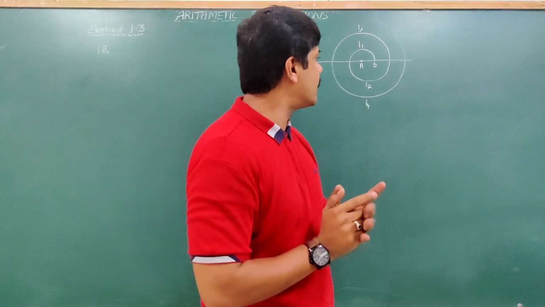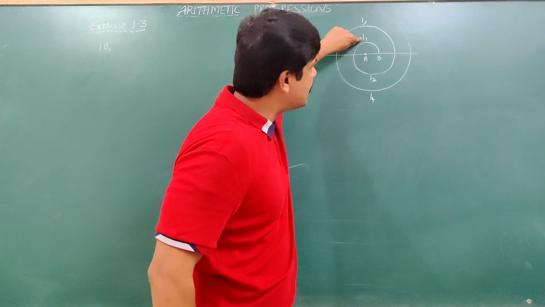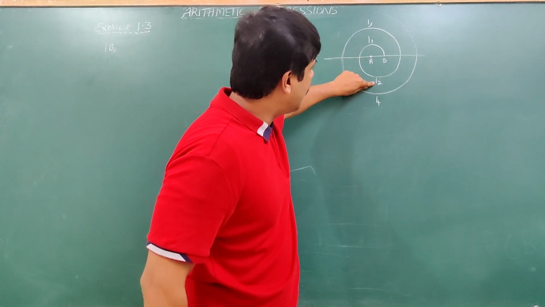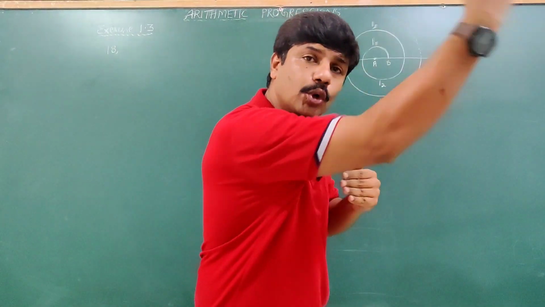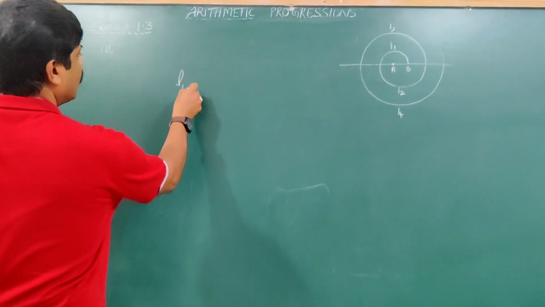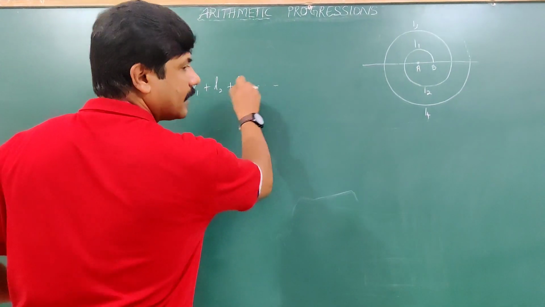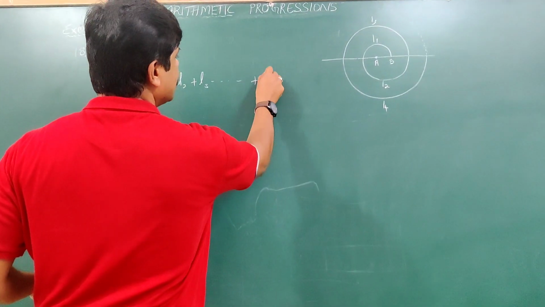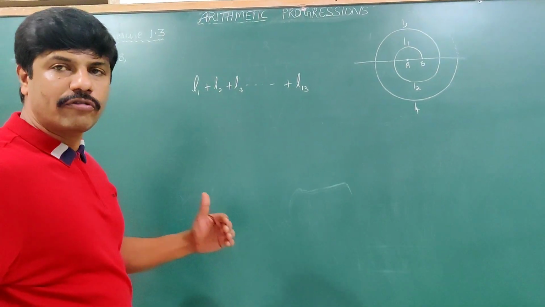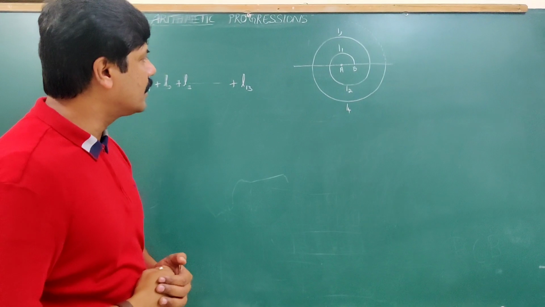Now, the lengths of the semicircles are L1, L2, L3, L4 up to L13. What we need to find is L1 plus L2 plus L3 etc. up to plus L13. We have to find the length of 13 consecutive semicircles.